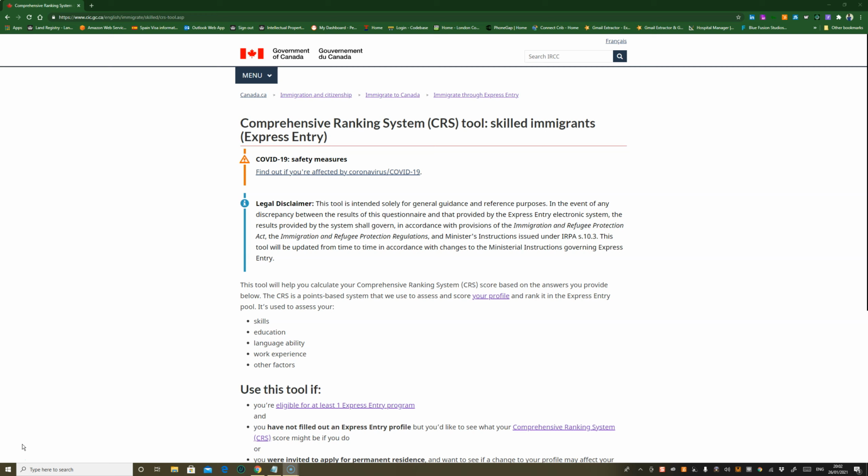The first aspect of the comprehensive ranking system score, or the CRS score, takes 5 key areas. The first thing it takes is about your skills, your education, your language ability, work experience, and other factors. Your skills essentially is what you can offer the Canadian economy.